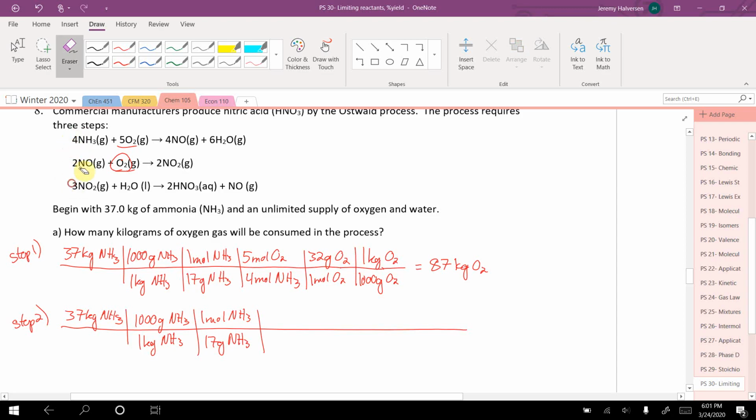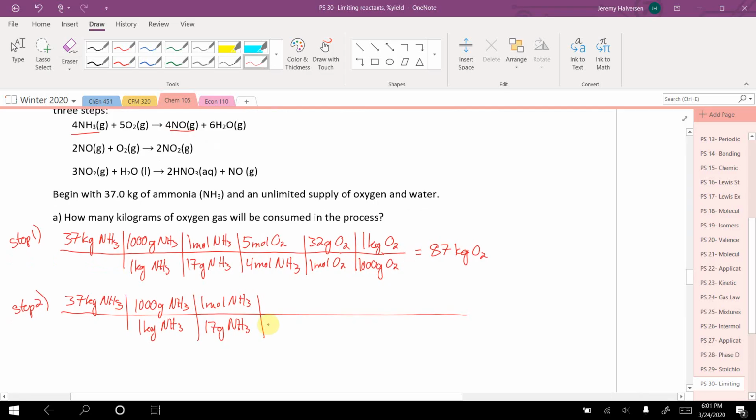Okay, each equation is balanced on its own. So what I have to do is jump. So I look for something in the second reaction that's also in the first. So I'm going to take my NH3 and convert it to NO. So 4 moles of NH3 makes 4 moles of NO. And then I say, well, now I got NO and O2. So 2 moles of NO makes 1 mole of O2. Then I can get that out to my kilograms.